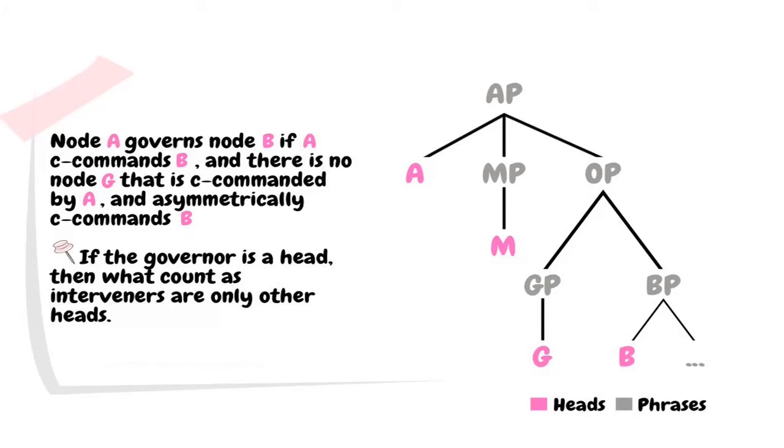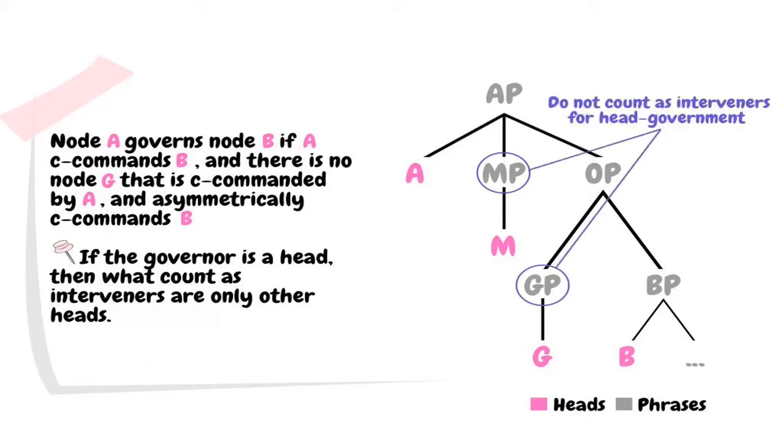Now let's go back to MP and GP. Do they intervene between A and B? Absolutely not, because they are phrases. So they do not count as interveners for head government. Nice. So do they C command B? I'm going to talk about this. Okay.